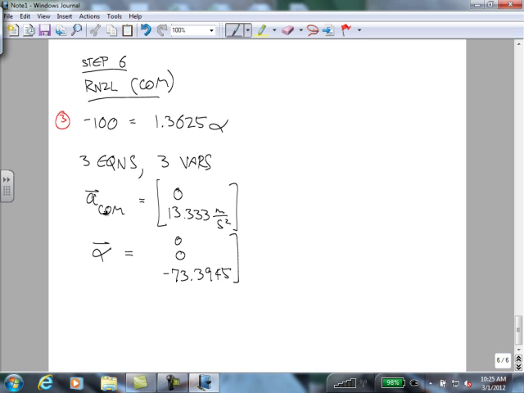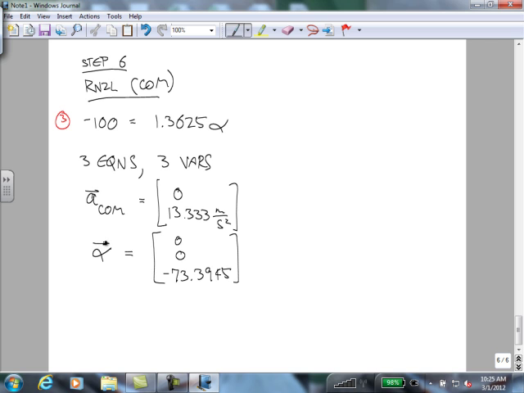Anyone get those? Great. Okay, so you can think of those as sort of properties of the body. We're going to use both of those for parts A and B.